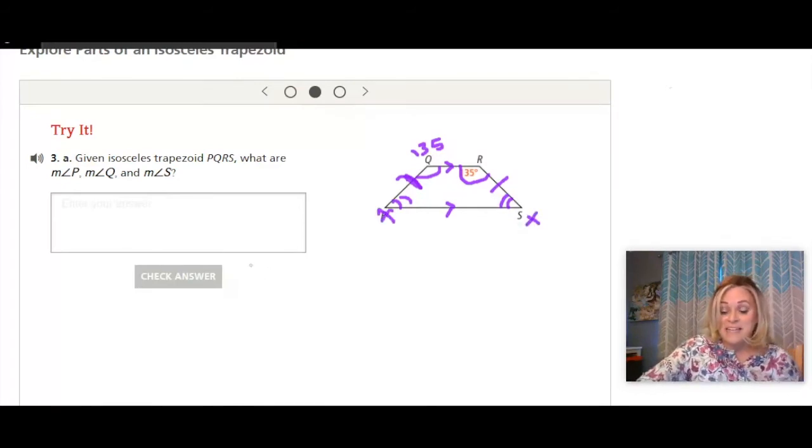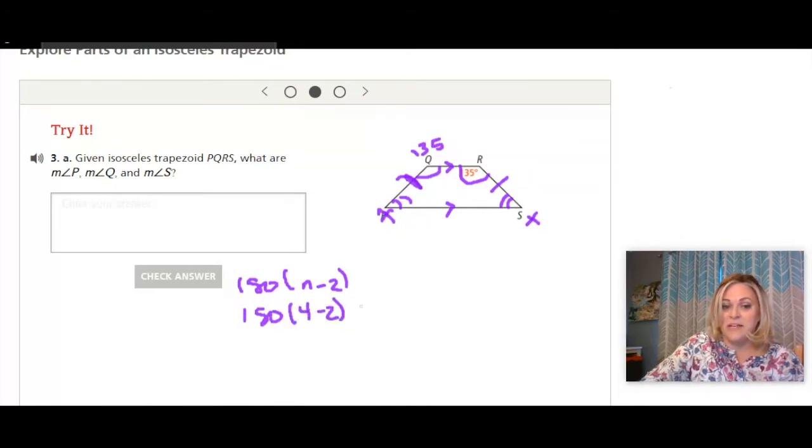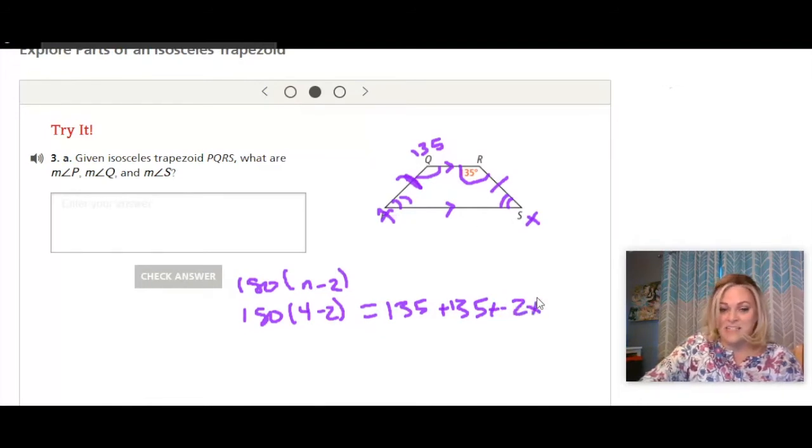From our last lesson, we should know that 4-sided figures have a total of 180 times n minus 2 degrees of interior angles. So 180, there's 4 sides minus the 2, that should equal 135 plus 135 plus those 2 x's, plus 2x, just that x and that x.